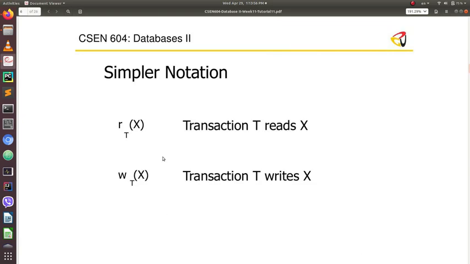We will use these notations to read the sequence of steps that belongs to specific transactions and to represent these steps. The first notation means that transaction T is reading element X. The second one means that transaction T writes X.